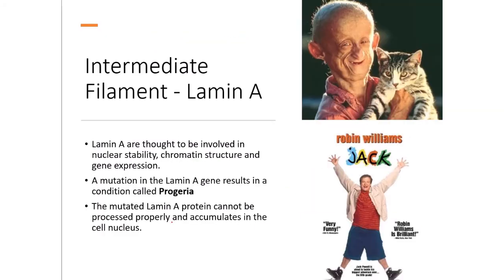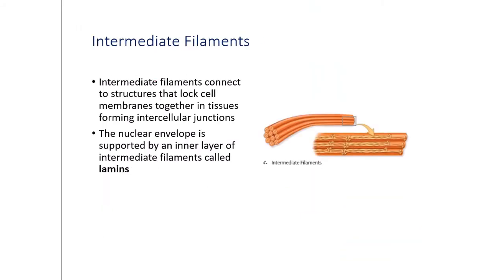The next one is the intermediate filament. Intermediate filaments connect to structures that help you lock the cell membranes together. So let's say you have a cell here in the small intestine, and then there's another cell next to it.